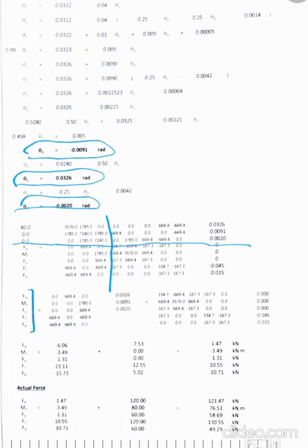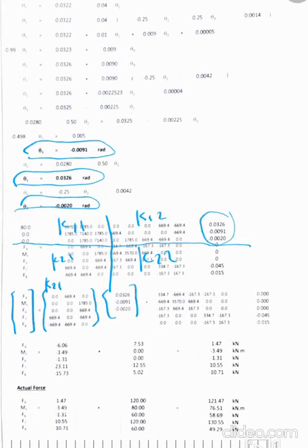So these are the unknown forces I want to find, and this is K21. This is K21, this is K11, K12, and K22. This is the values of theta. This is the mathematical way to find it, plus K22, and this is the values of D.